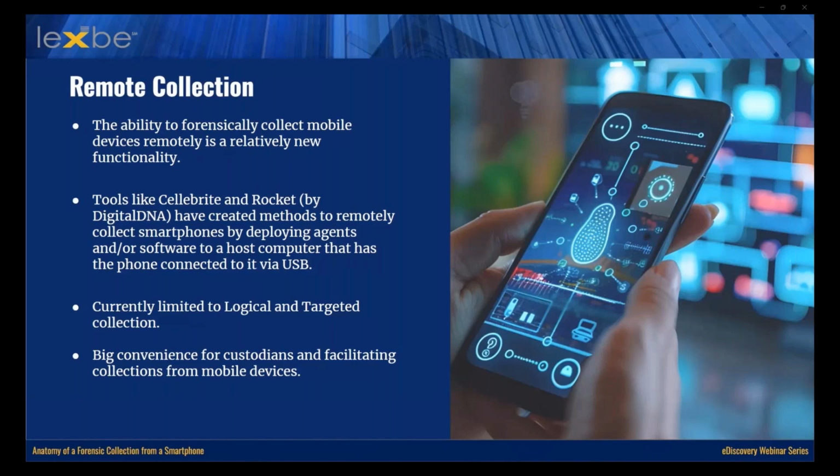So tools like Cellebrite and Rocket were able to create a methodology that deploys an agent to a host computer, say your Windows computer, and then you're able to plug your phone into your computer and press a couple buttons on your computer itself, and it will start collecting the data, and then it sends it over to us or to the target as the data is being collected.